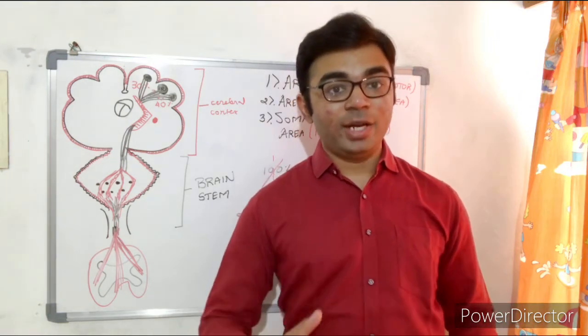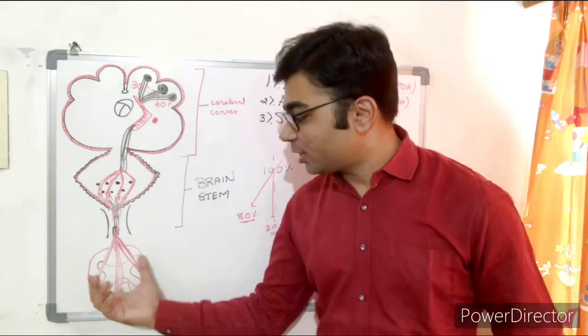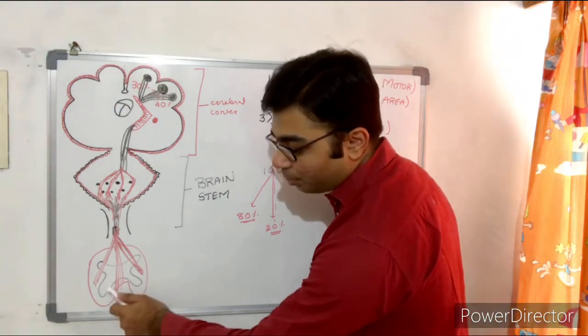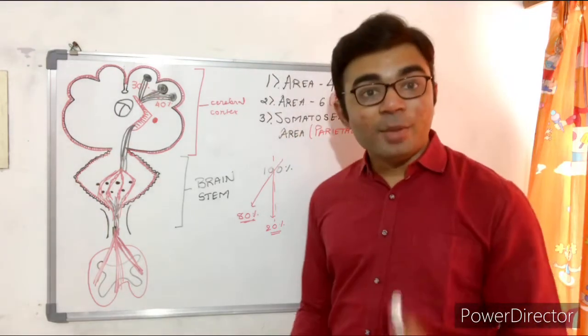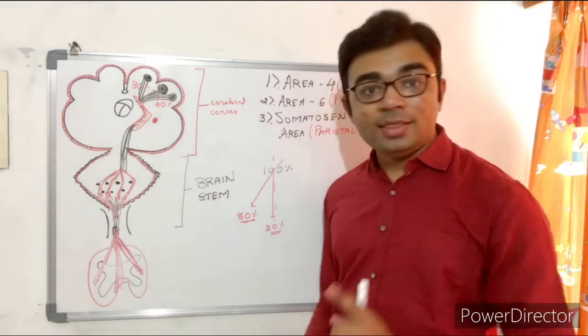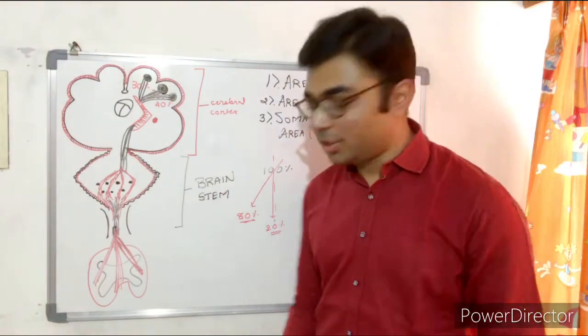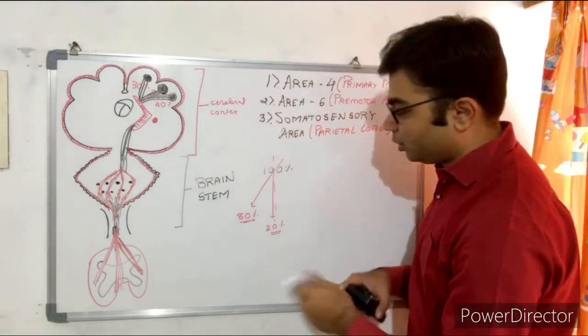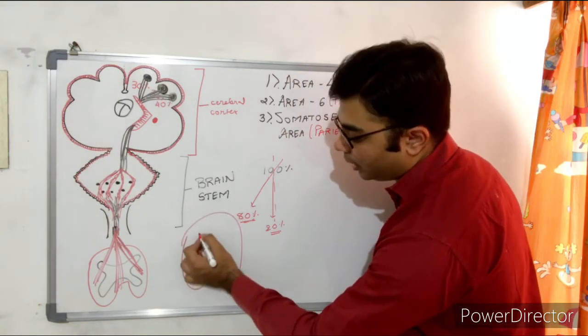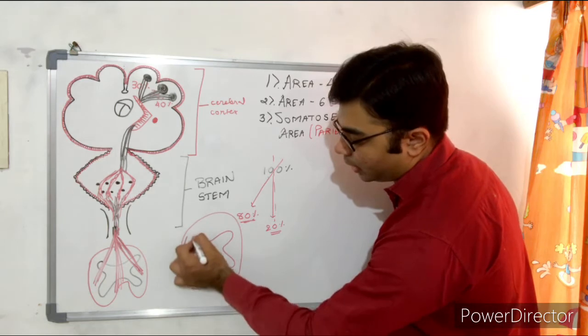As I have explained for the transverse section of the spinal cord, in the center portion there is grey matter and in the peripheral portion there is white matter. But the location of this corticospinal tract in the spinal cord is very important. Suppose I draw a small diagram over here, in which the center portion is grey matter.